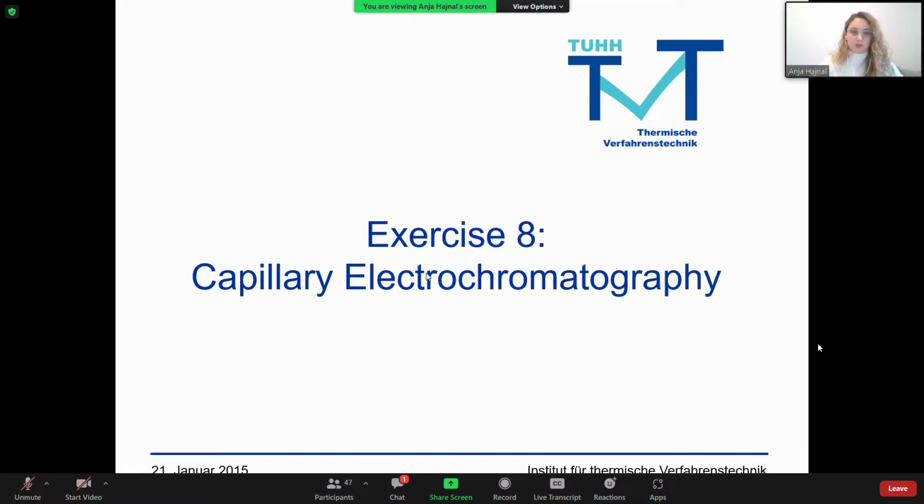You can see the presentation, right? It says capillary electrochromatography. Yes. All right, great. Good.